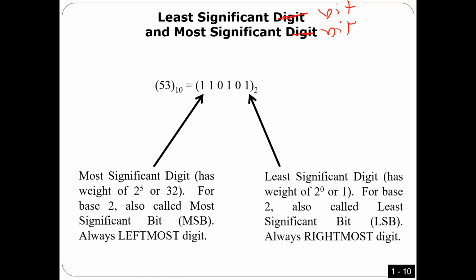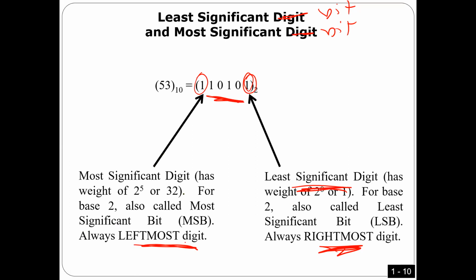So you can tell from the English name why this one is the least significant and why this one is the most significant. So if you have a number like this one, the first one at the right, which is the rightmost digit, this one is called least significant. And the one at the leftmost digit, we call it the most significant.